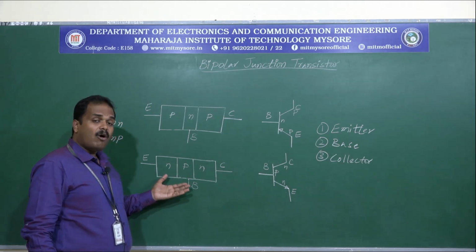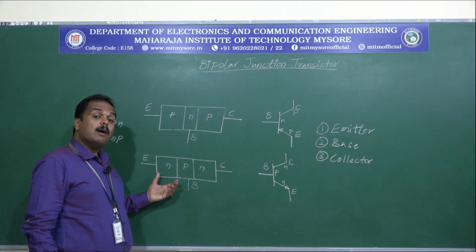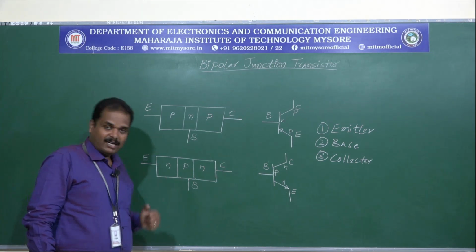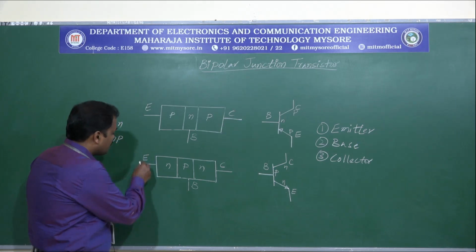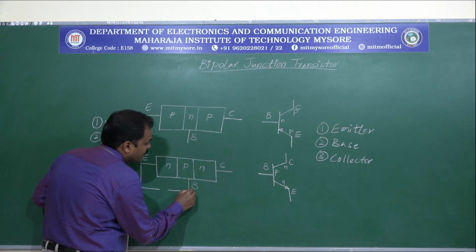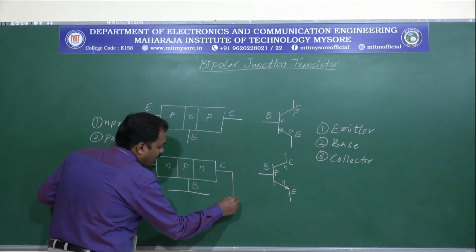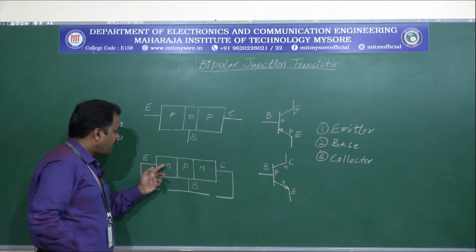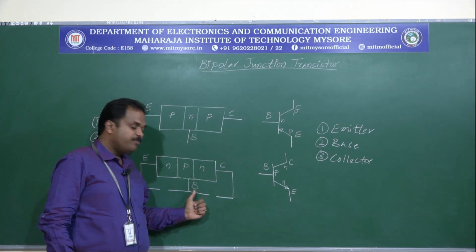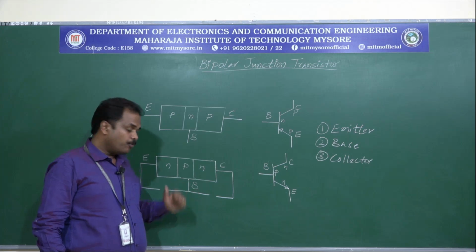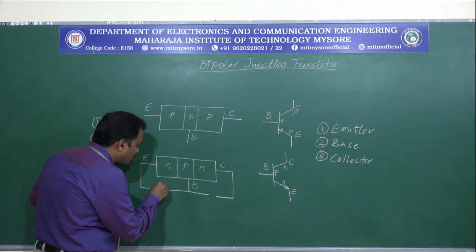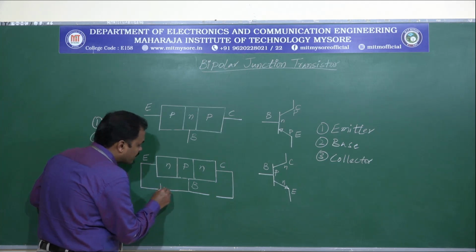To understand the operation, we need to bias the transistor just like we bias the semiconductor diode. So let us bias the transistor. Here the emitter-base region will form the input circuit and the collector-base region will form the output circuit. To understand the operation, we need to forward bias the input circuit.